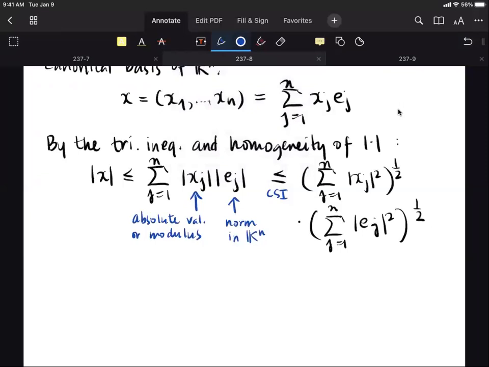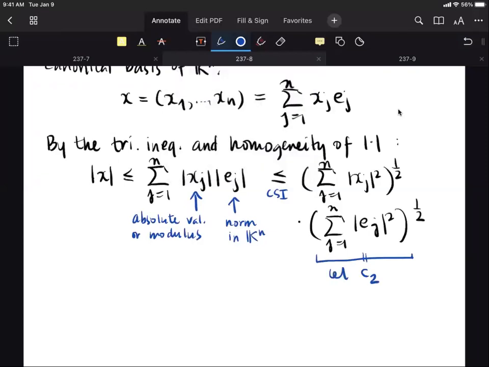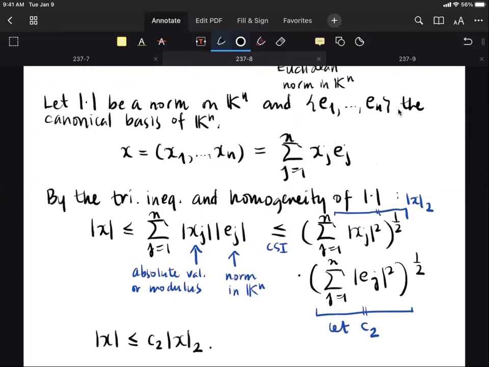Now, if we define the second term as, let's say, C2, so let this be C2. This is nothing but the Euclidean norm of X. So we have the following. Okay, so this is one inequality in order to prove the equivalence of this norm with respect to the Euclidean norm.